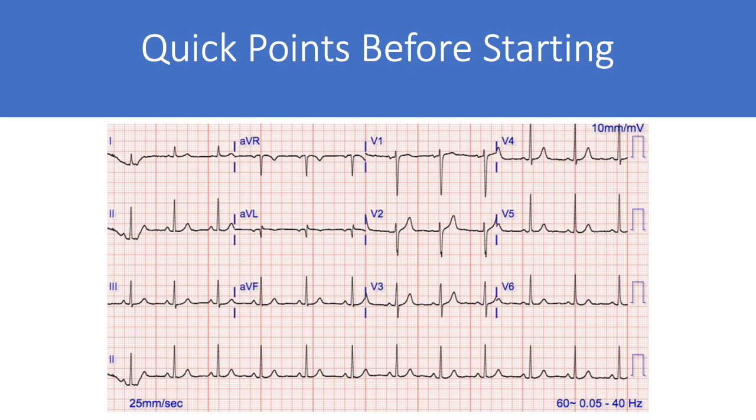Many students will often ask whether or not the first beat in each lead corresponds to each other. So you can see as I'm marking across lead 3, AVF, V3, and V6, some students have the misconception that each one of those tracings corresponds to the exact same beat. No, that is not the case.